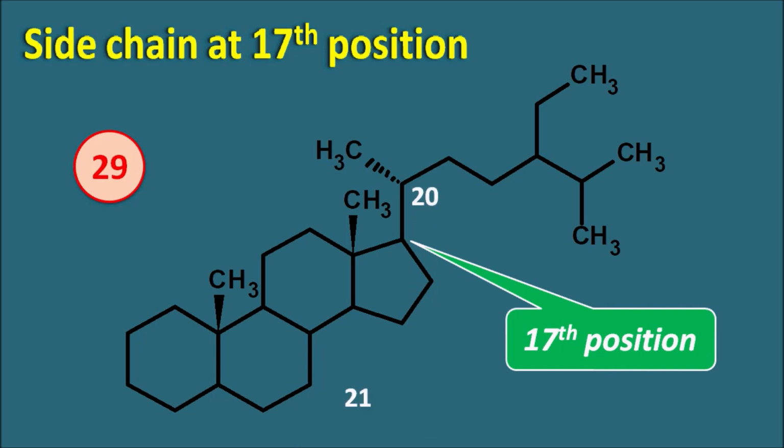After that we give the numbering 21 to this carbon, which is attached to the alpha portion of the side chain. Then we continue 22, 23, 24, 25 and here 26 and 27. In this way, we continue the numbering in the side chain up to 27 carbons. Then the remaining carbons attached at the 24 position are numbered 28 and 29. So this is the numbering system for steroids having 29 carbons.